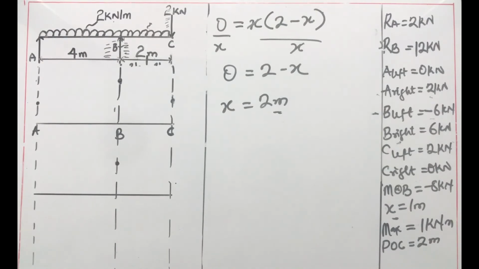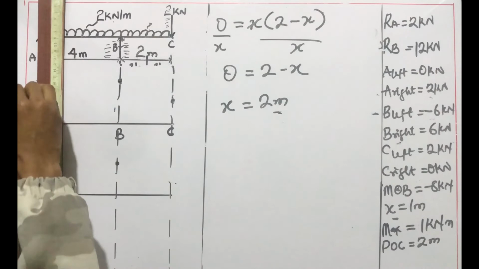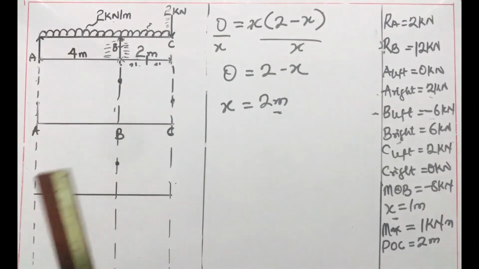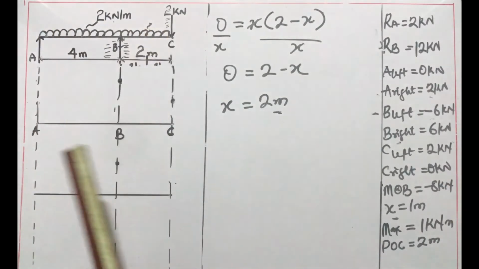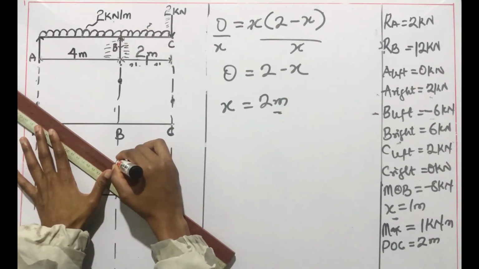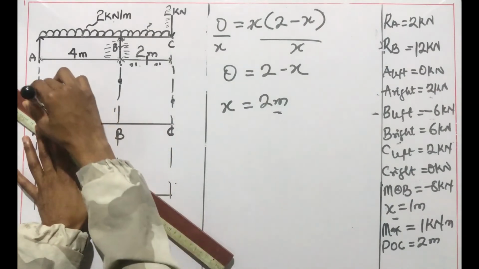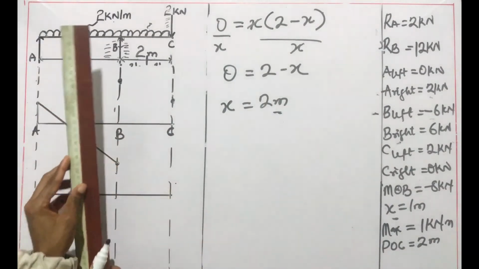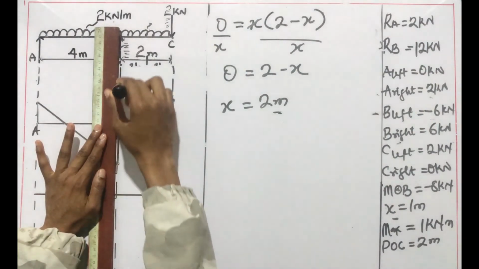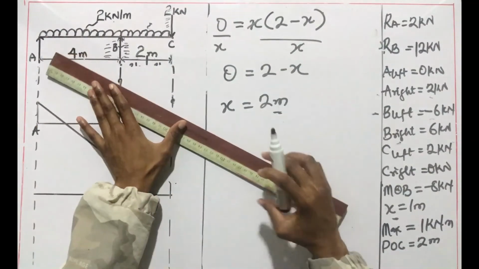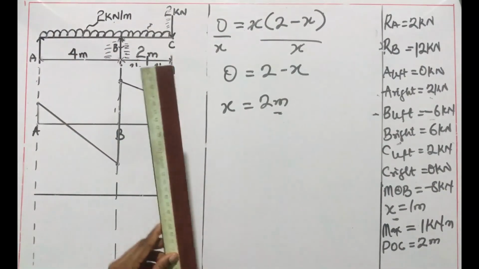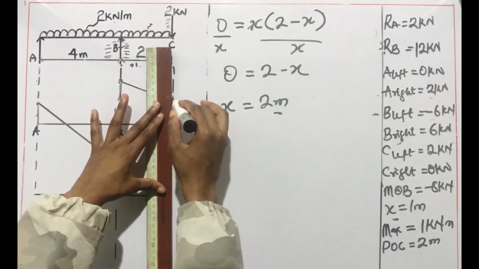So we have a UDL, so we join these points by an inclined line. Accordingly, A to B left, then to B right, and then to C left, and then back to C right, which is 0.